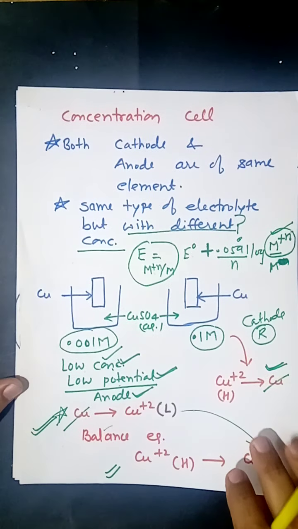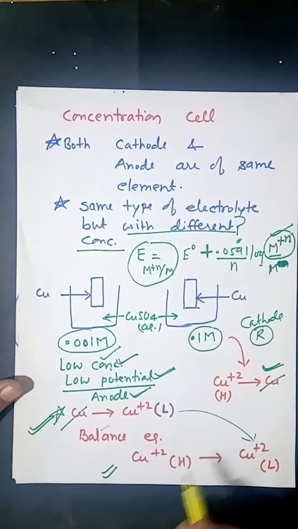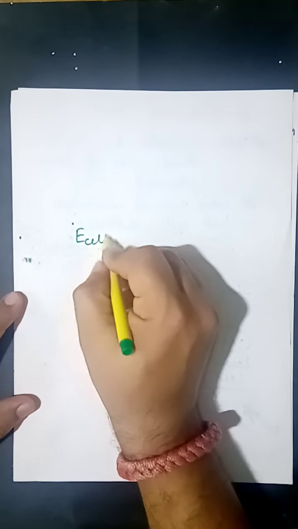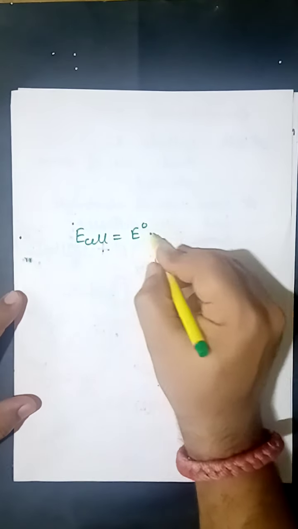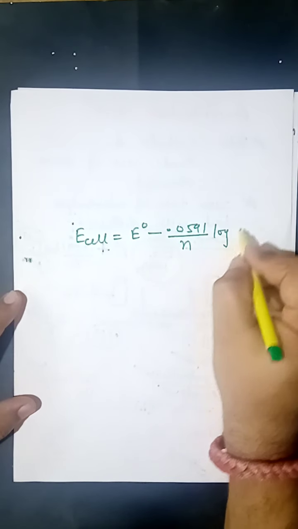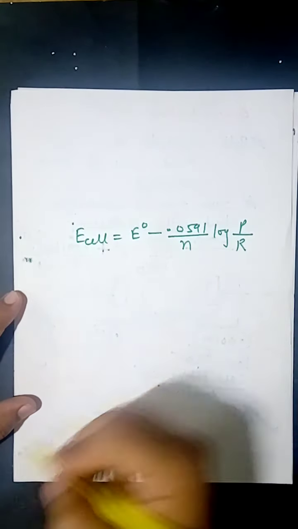Now after this particular formula, once you get the balanced chemical equation, you can use the Nernst equation, which says E cell equals E naught cell minus 0.0591 upon n log product upon reactant.